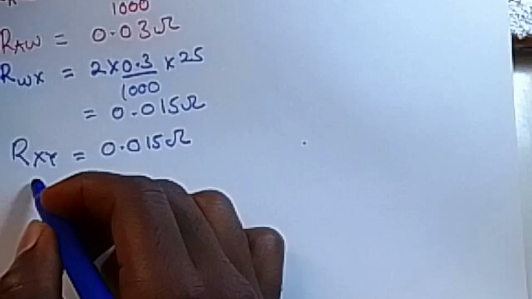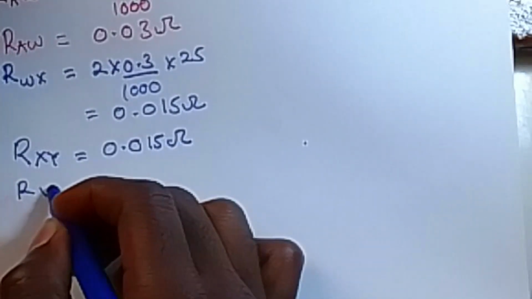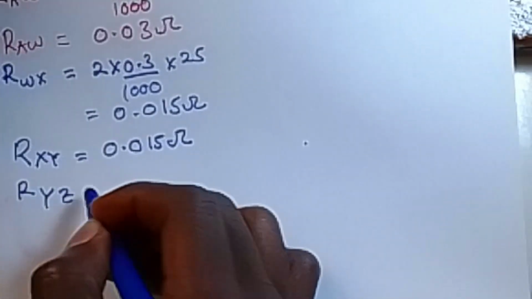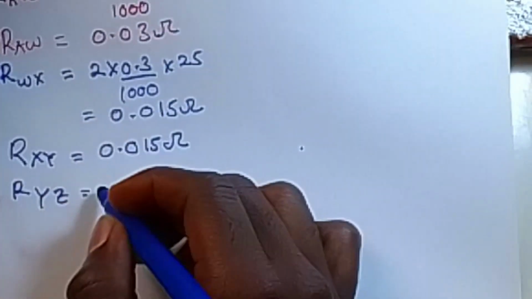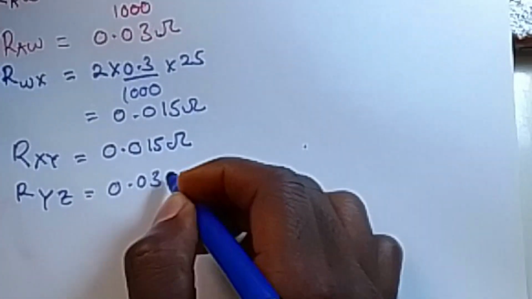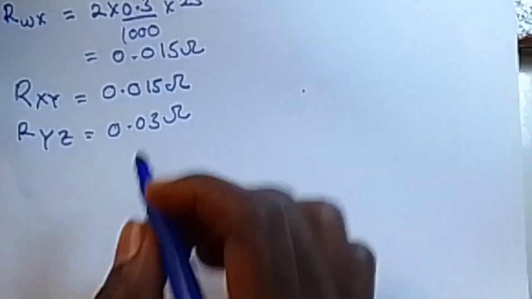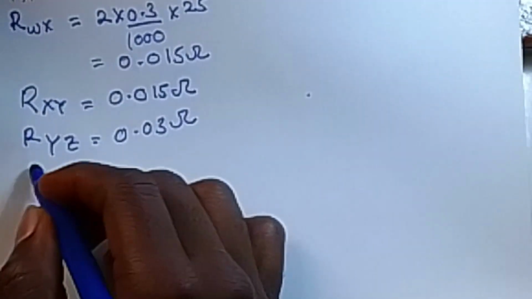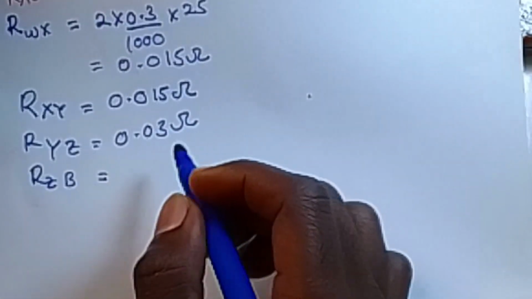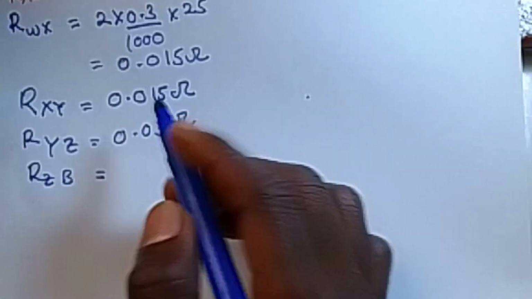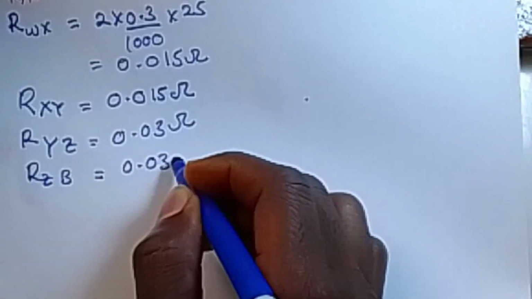And then the value of resistance between Y and Z is also going to be equal to the previous value of resistance, which was 0.03 ohms. And finally, the resistance between Z and B is also going to be 0.03 ohms.